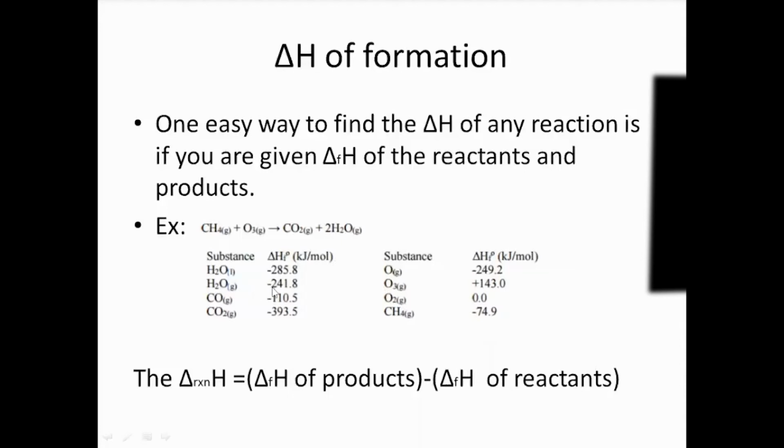So something like, for example, water, which is negative 241.8 gaseous water, and there's 2 moles in this reaction, so you would take this and you would multiply it by 2 when you were putting it in the equation. The delta H of the whole reaction, which is Rxn, is equal to the sum of the delta H of formation of all of the products subtracted by the sum of the delta H of formation of all of the reactants, right? And we'll cover that in this question.